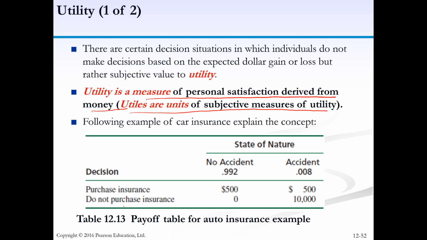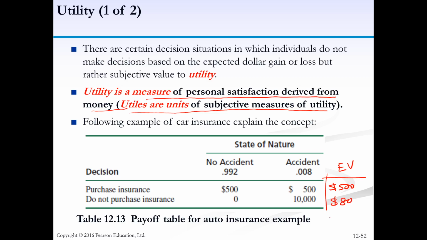Now, the decision is whether to purchase insurance or not to purchase insurance. If we purchase insurance, the expected value is $500 here. And if we do not purchase insurance, then the expected value is 10,000 multiplied by 0.008, which is $80.